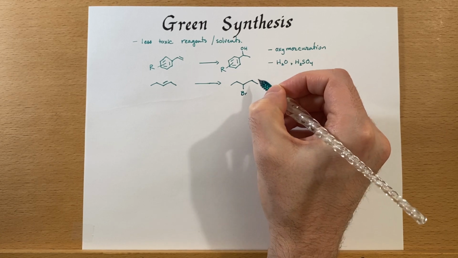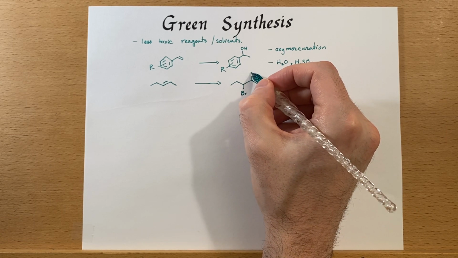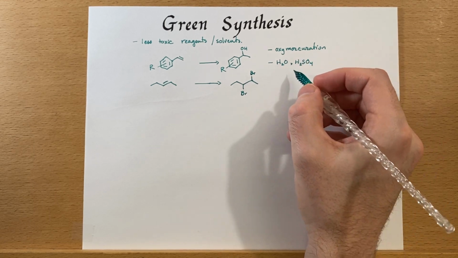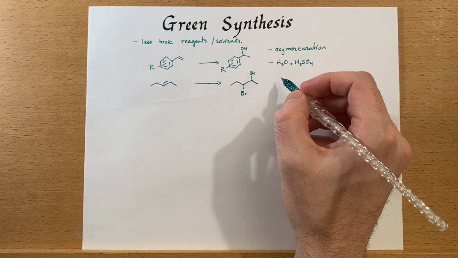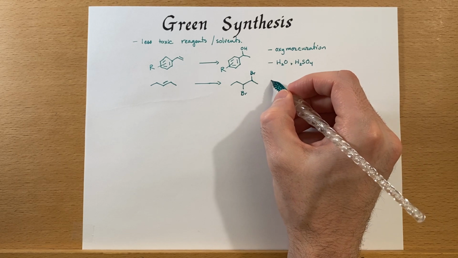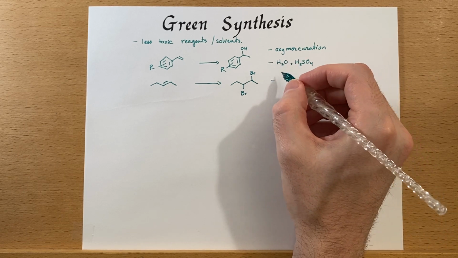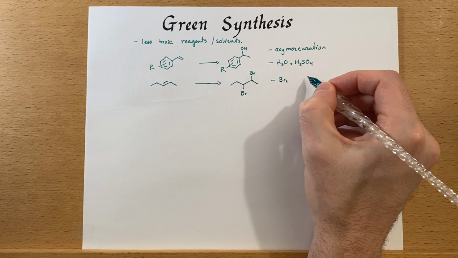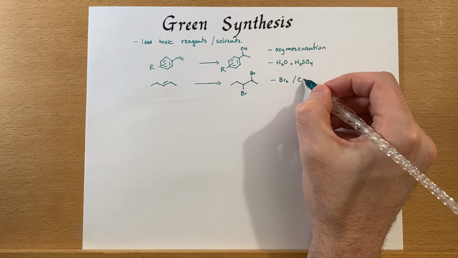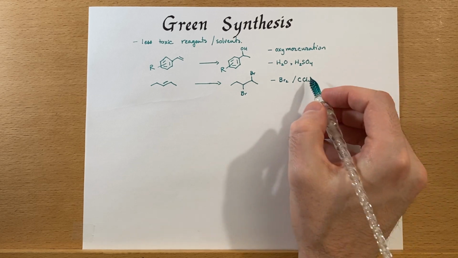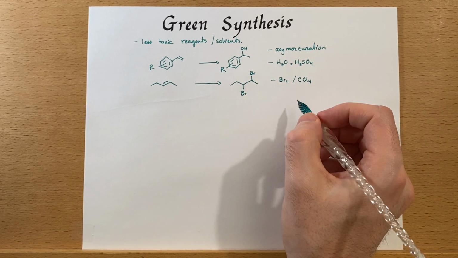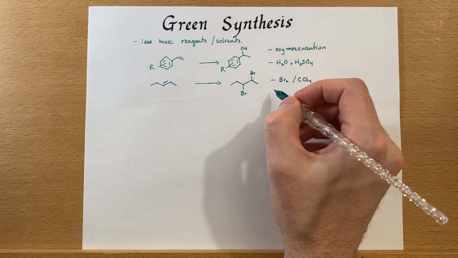But carbon tetrachloride is not a very nice solvent. I mean, it's a great solvent, but it is toxic in nature. So we can have carbon tetrachloride, and this will work, but there are other options.